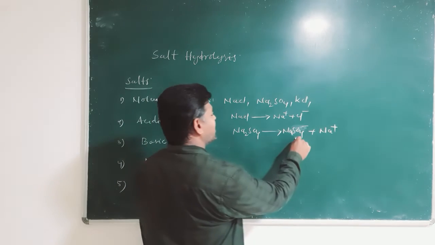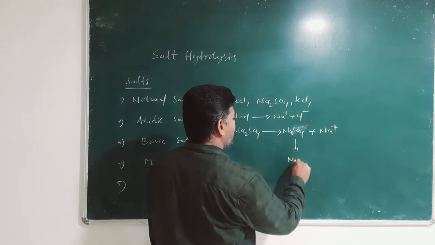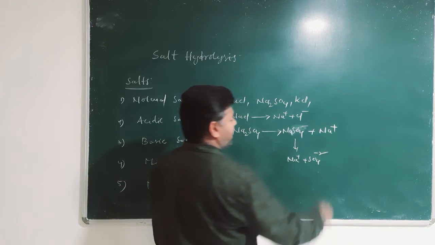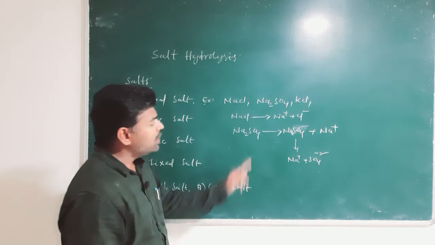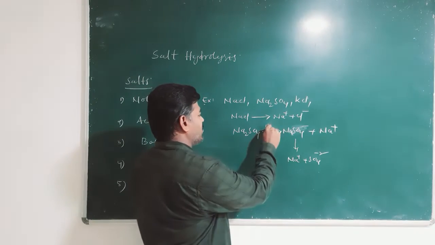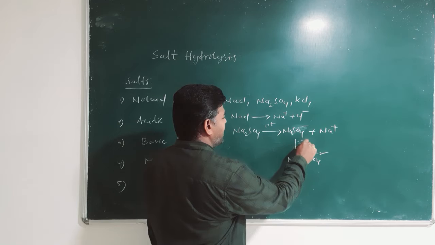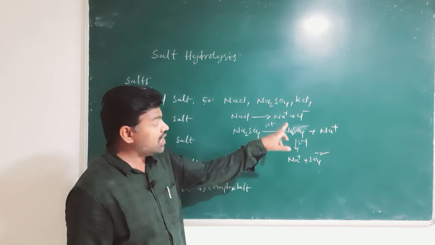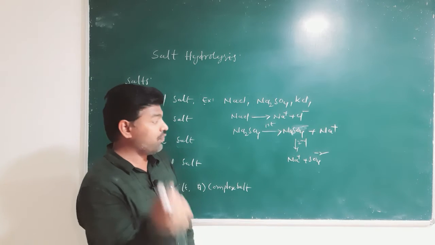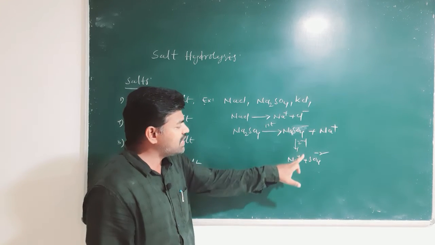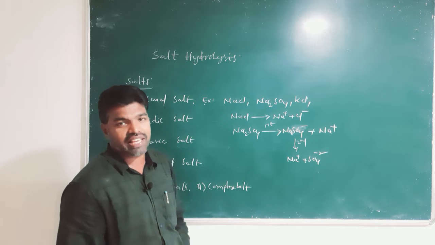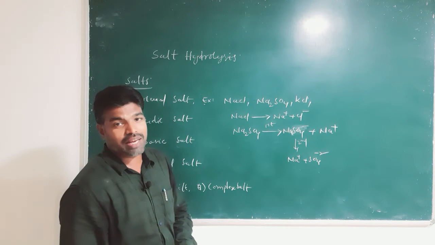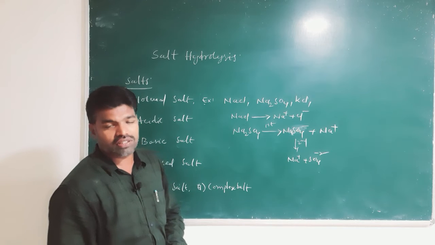On its second ionization, it forms Na plus and SO4 2 minus. So this is the first ionization and this is the second ionization. On its first ionization it does not release H plus ions, and in the second ionization it does not release H plus ions or OH minus ions. So such types of salts are normal salts.